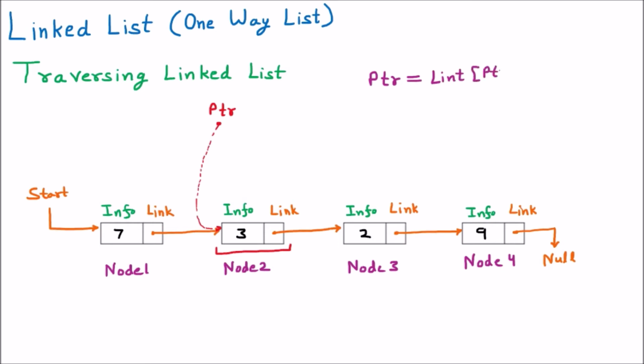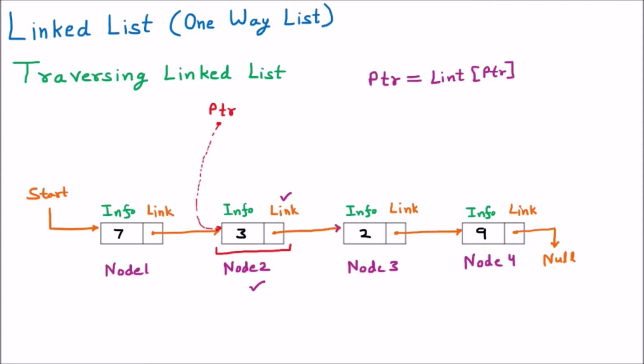Now understand what it wants to say. PTR is directly pointing to node 2, which we already know. Now in this node 2 we have the link part. This one is the link part, and it is pointing to the address of node 3. So here it is going.